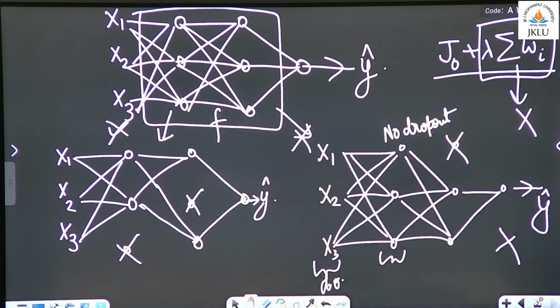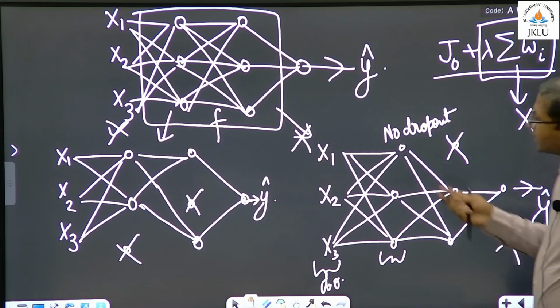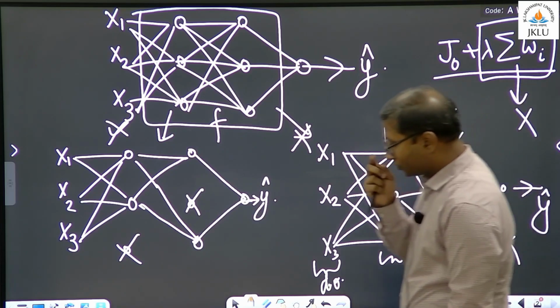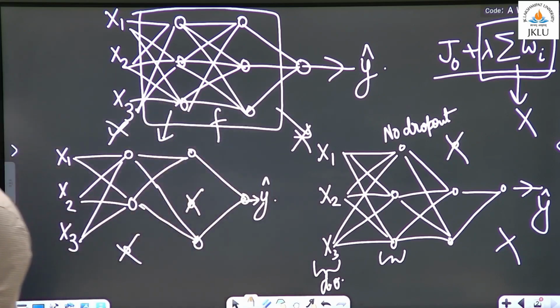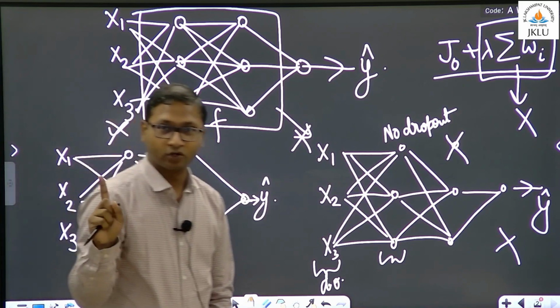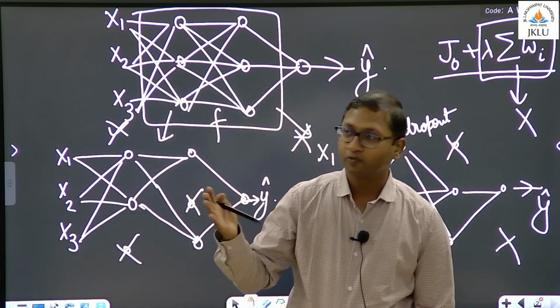Now help me understand, why should this have a regularizing effect? Have you done decision trees before? What are random forests?